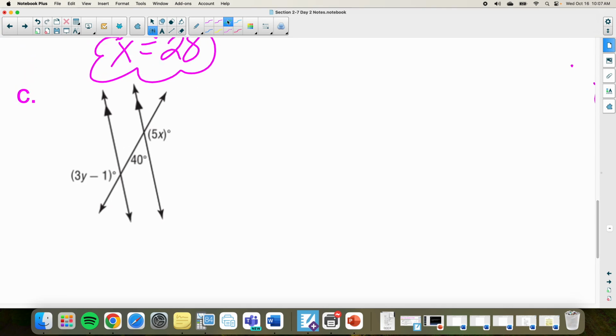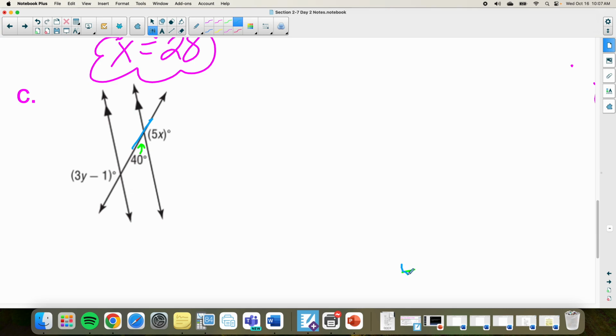One thing, if you ever are wondering, especially if it's on like a test or something, if you're like, does this 40 mean that angle or this angle? Always ask me, but in this case, they mean 40 is that angle right there, okay? Now, I could solve for x right away. What relationship would the 5x and the 40 have? Don't they together form this straight line?